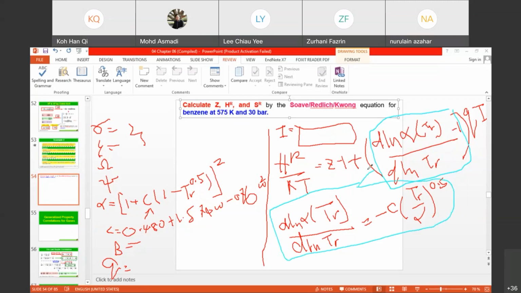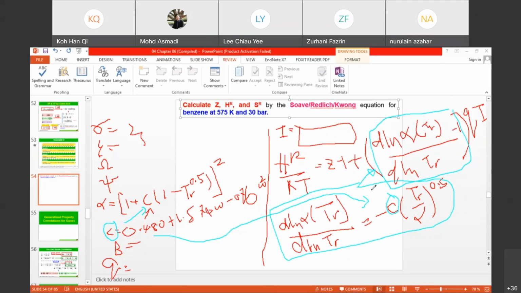Substitute into this equation. You have to remember, and c is equal to this one. So you can substitute here and here, and then substitute here. You understand? This one, you have to take note.